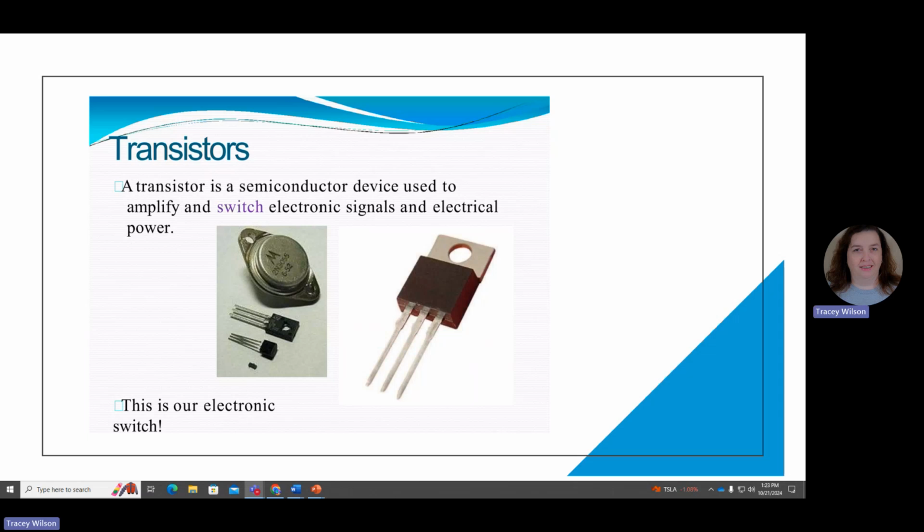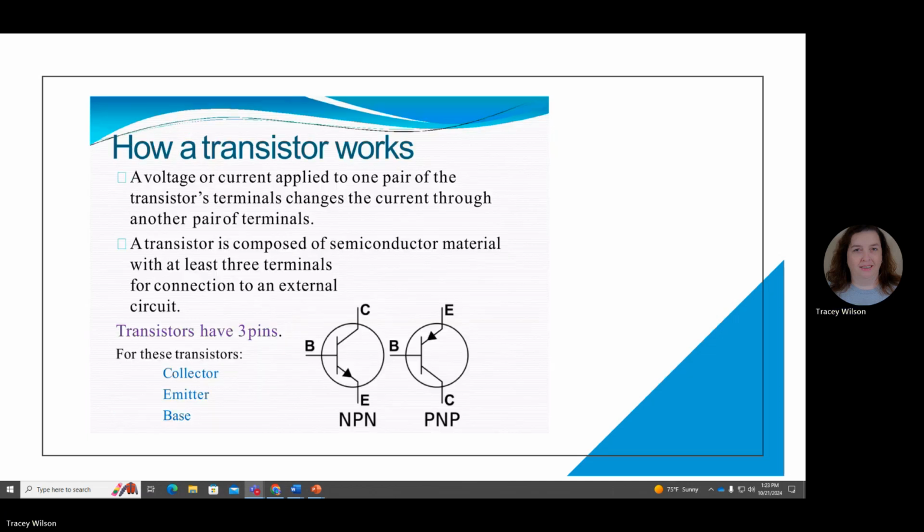We did a little bit of this with some of the car parts that had the three prongs on them. So the three prongs: power in, power out, and some sort of control. Voltage or current is applied to one pair of the transistor terminals, so positive, negative.